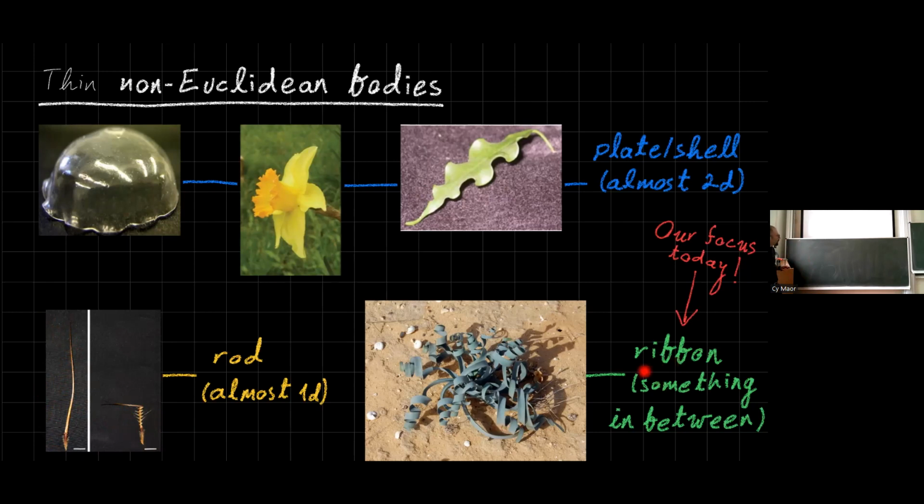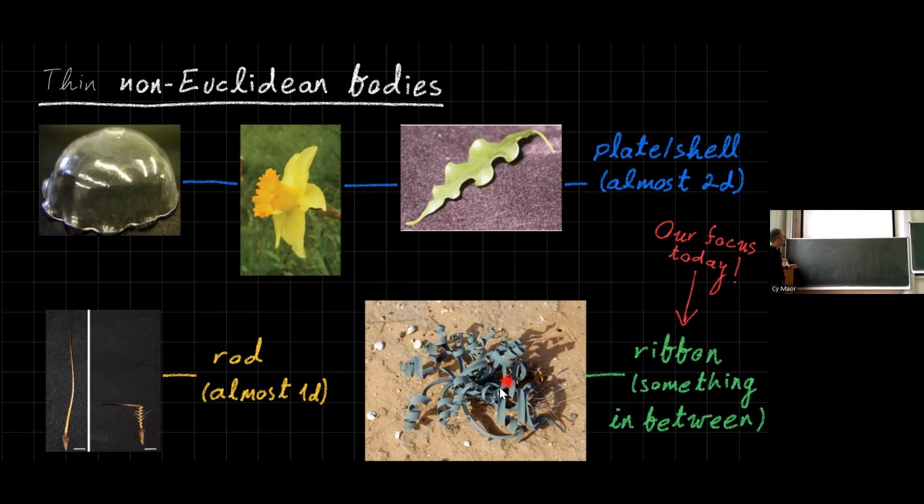And our focus today is ribbons, which is something in between. They are very thin, they are very narrow, but they are much more thin than they are narrow. Okay? So they're somewhere in between plate theory and rod theory, and in a sense, more things are happening there.